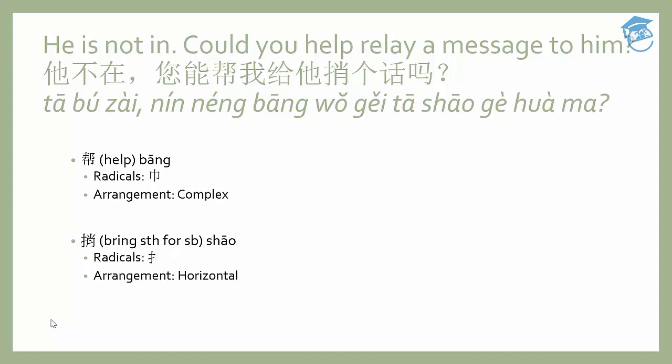And the way we place 给他 is in front of the main verb there, 捎个话, because it's more like describing where the message is going to be relayed to. So that's why we're placing 给他 in front instead of at the back, as in English. Okay, because 给他 is like a description.